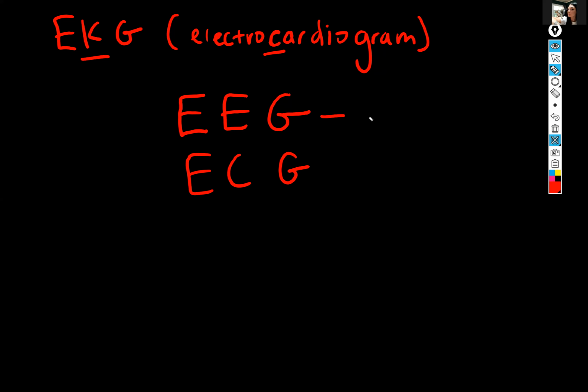EEG is an electroencephalogram, which measures brain activity. And so what you don't want to have happen is that you need this urgent cardiovascular test, and then somebody brings the wrong instrumentation, and that costs you time, essentially, which can be fatal in certain contexts.